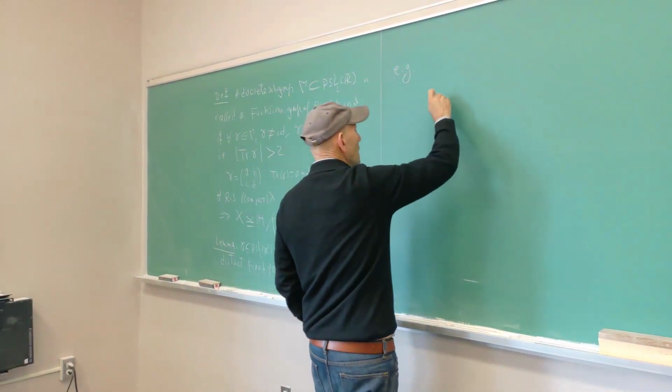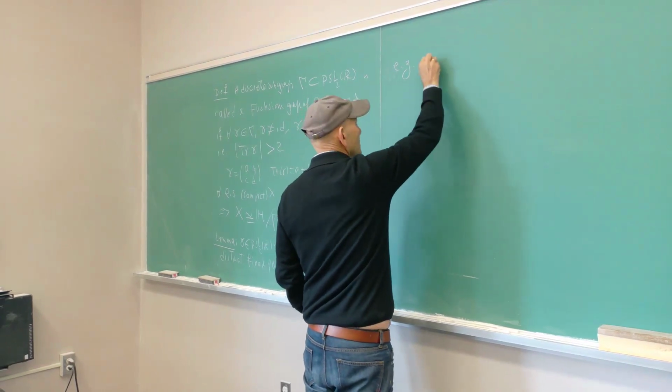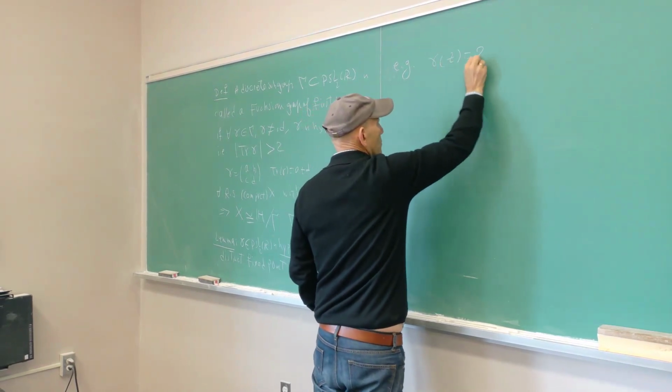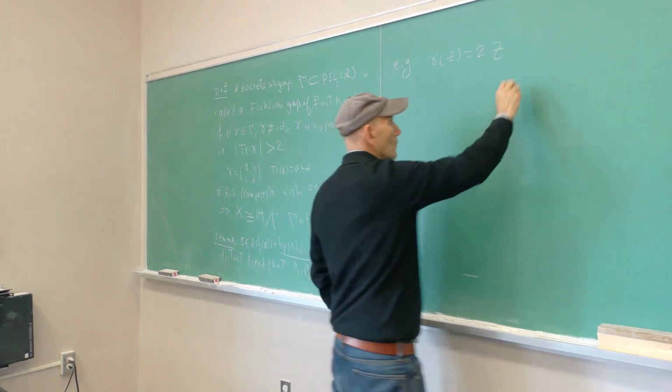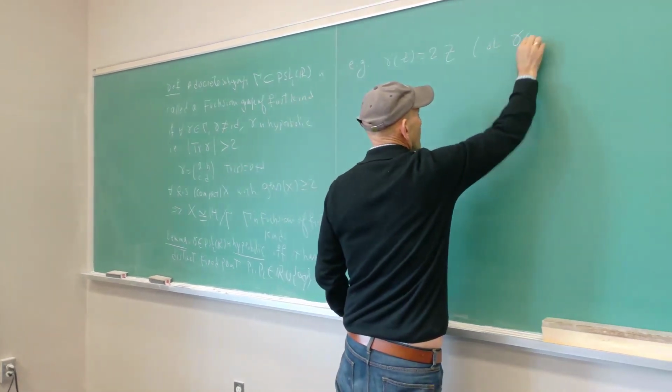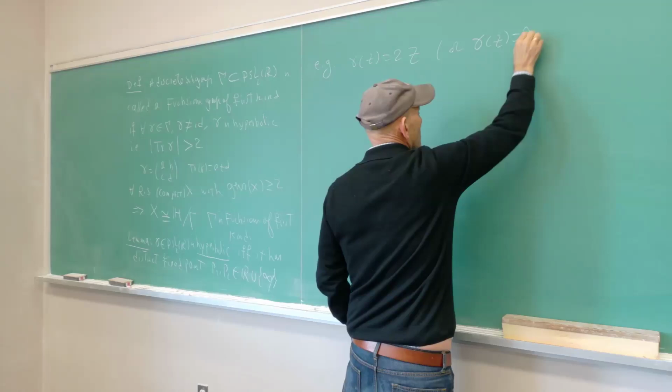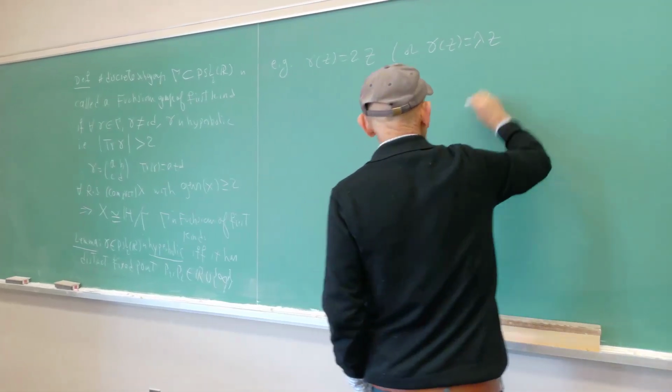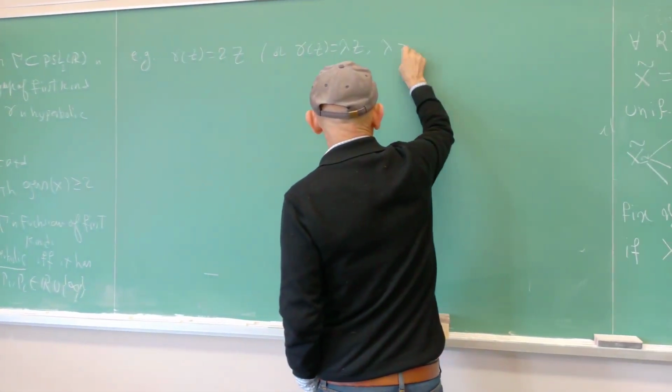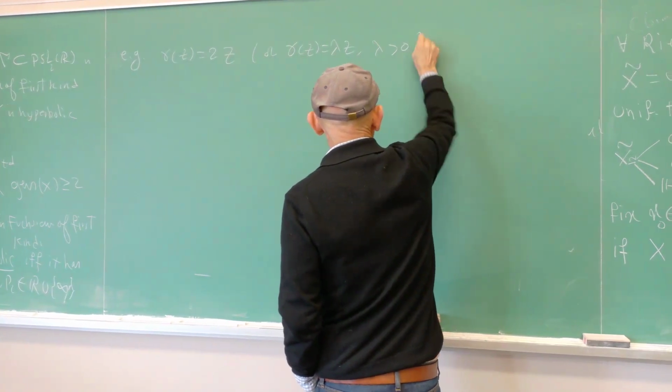An example is gamma of z equal to 2z, or gamma of z equal to lambda z, lambda positive belonging to R.